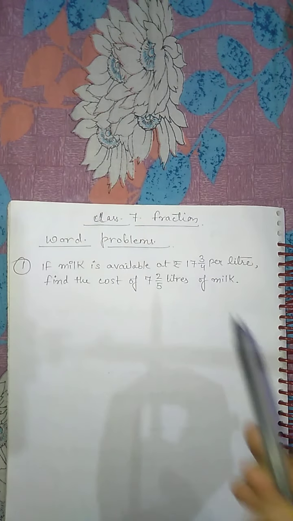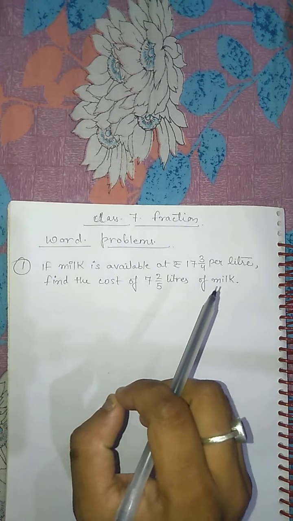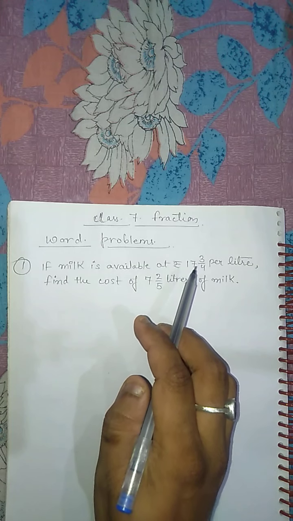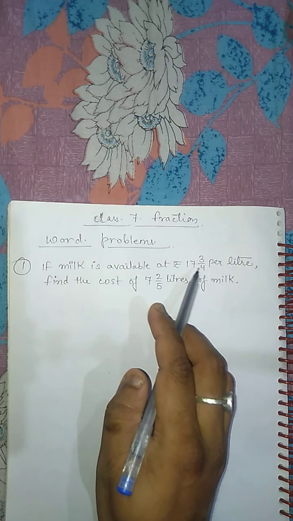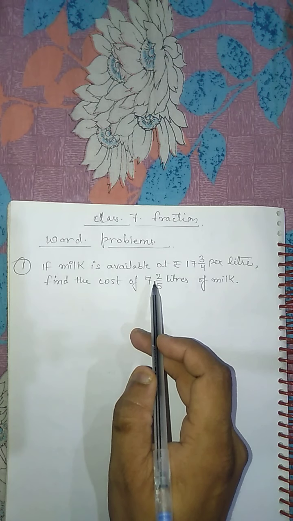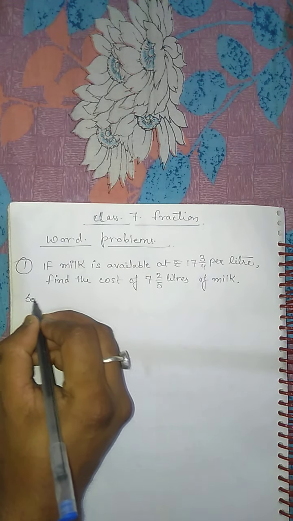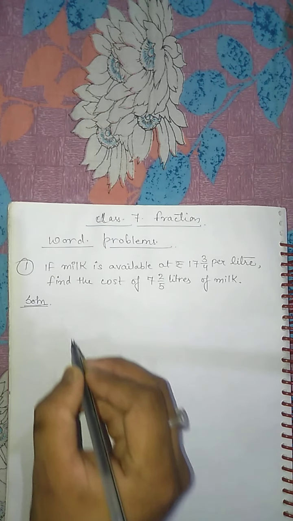Question is, if the cost of 1 liter milk is 17 whole 3 by 4, then what will be the cost of 7 whole 2 upon 5 liter of milk? So see the solution.